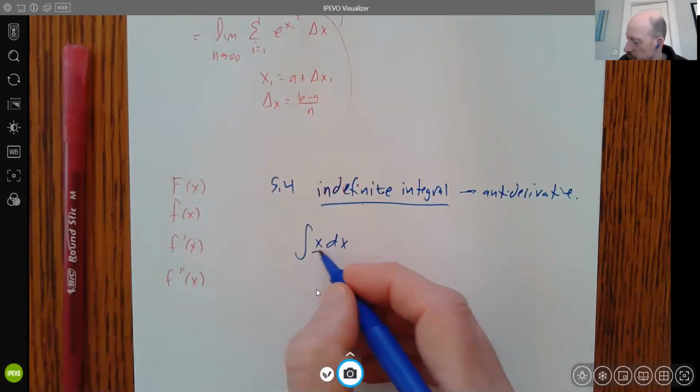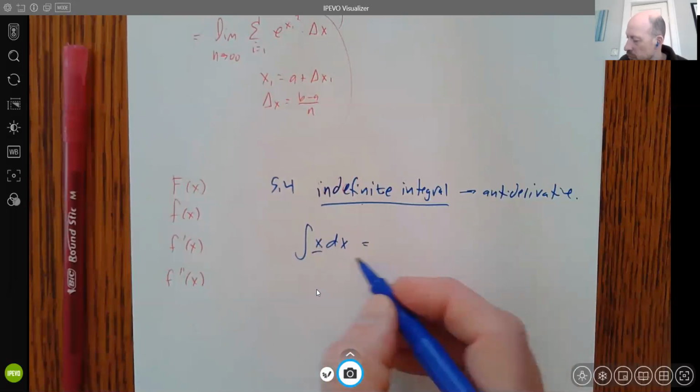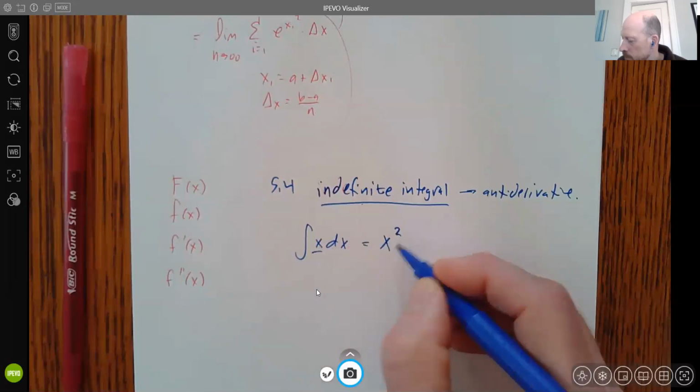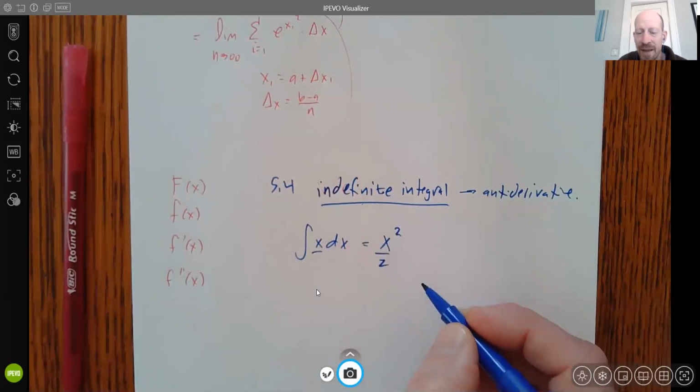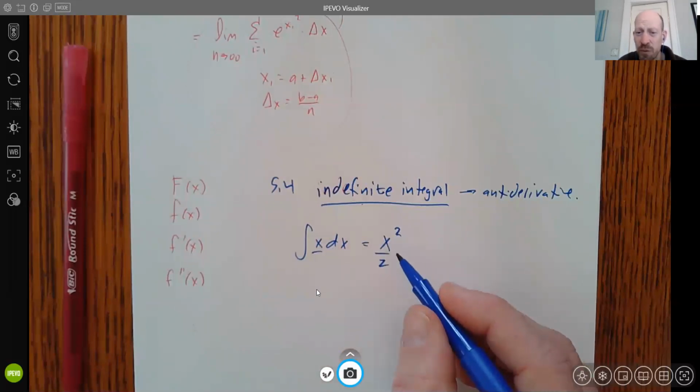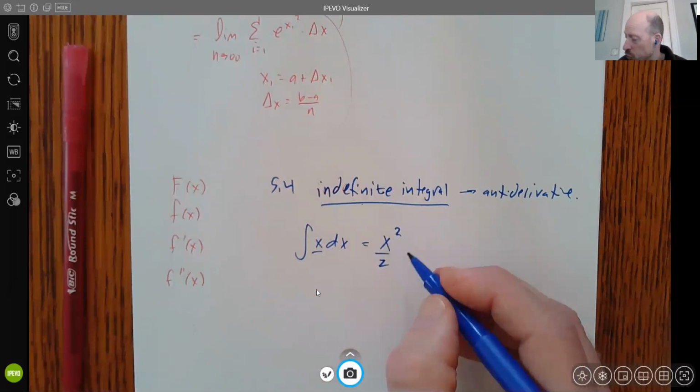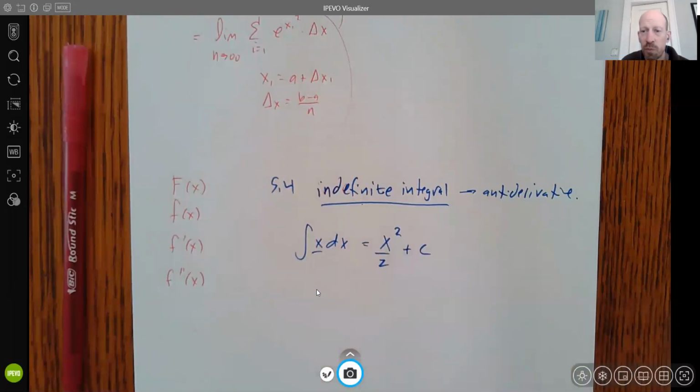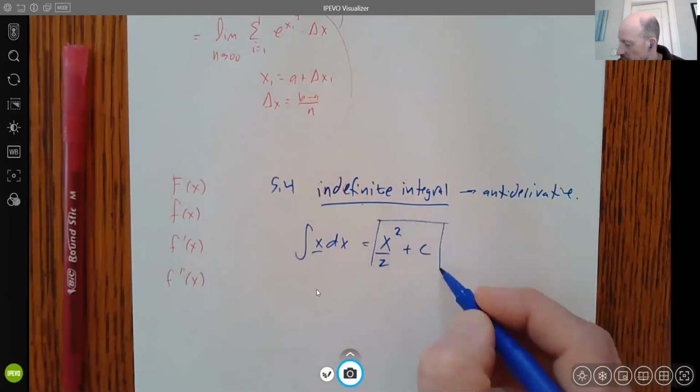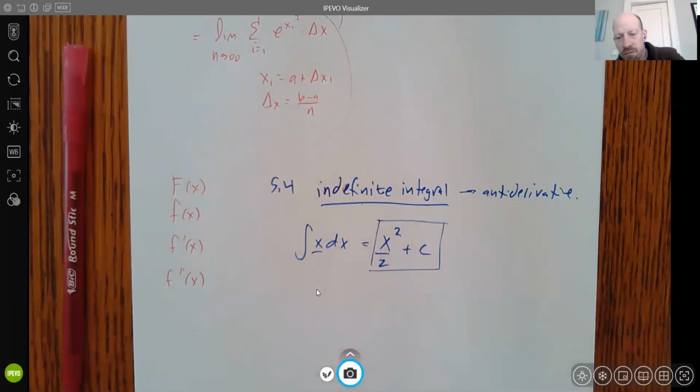So when I do this, I get x squared over 2, and anytime we're taking an antiderivative, remember that we don't know that it's just x squared over 2. It could be x squared over 2 plus any constant. So this is the answer that I need for that problem.